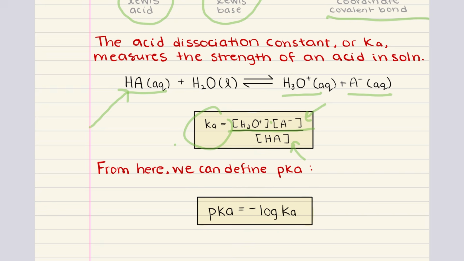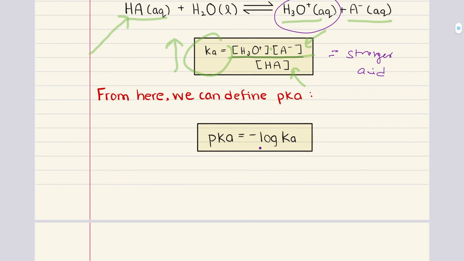Now, a larger value of Ka indicates a stronger acid because more of the acid dissociates into ions, and that increases the concentration of hydronium ions in solution. But to simplify comparisons, we define the pKa, and the pKa is just the negative log of the Ka value.